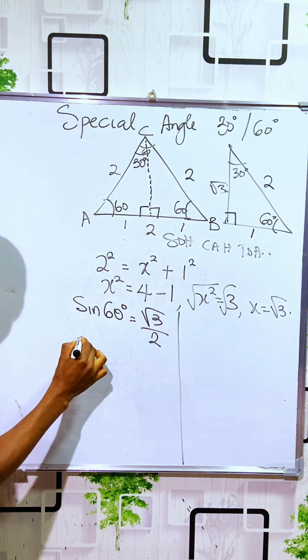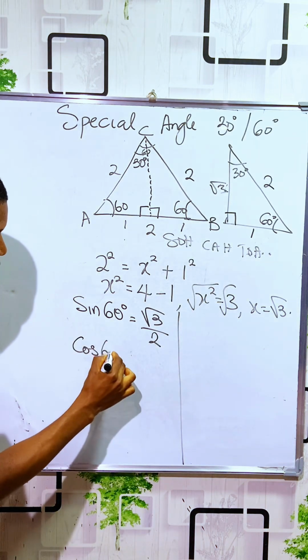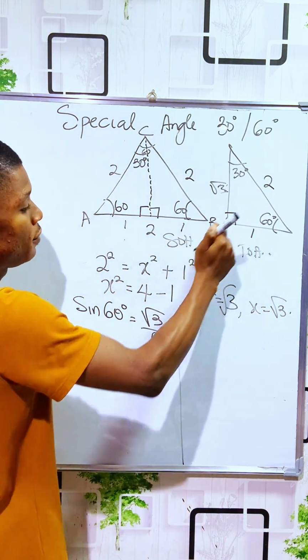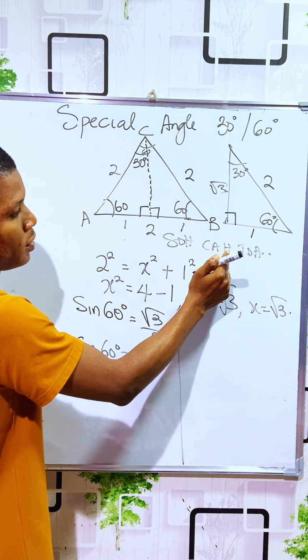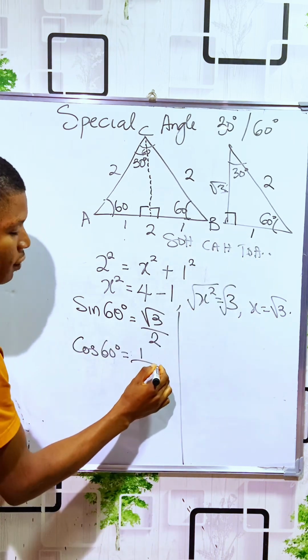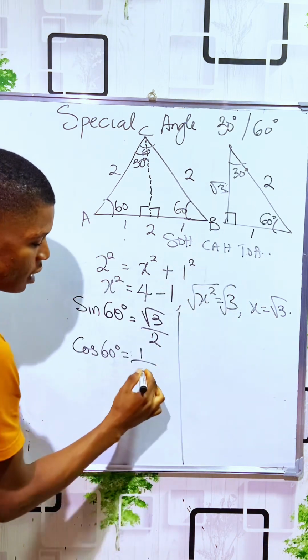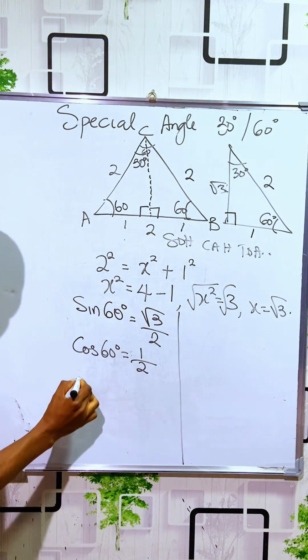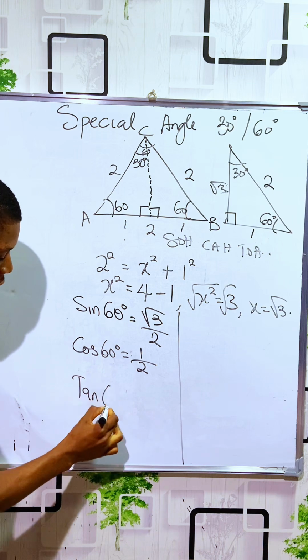So we look at cosine. Cos 60 degrees. Cosine is the ratio of adjacent and hypotenuse. Where is the adjacent? 1. 1 over the hypotenuse, the longest side, 2. So cos 60 is half. Then we look at the next one, tan 60 degrees.